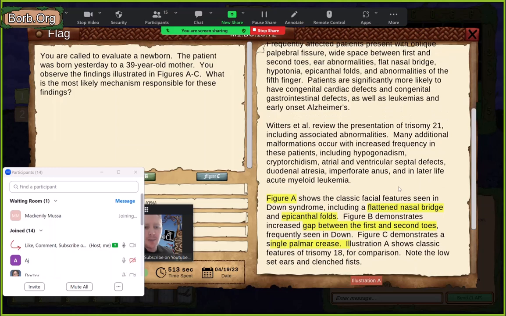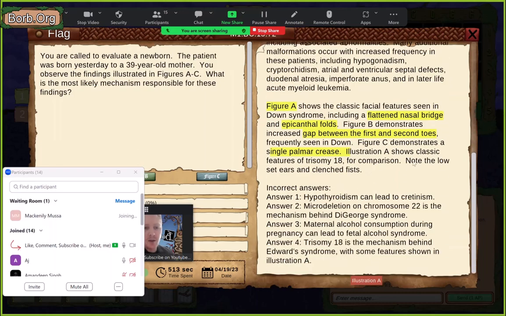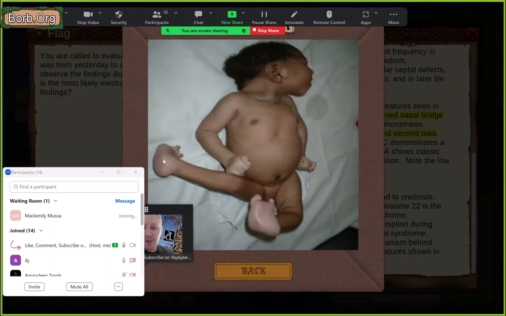And they explain why this illustration is included: a classic feature of trisomy 18, which is Edwards syndrome, is going to be, note the low set ears and clenched fists. They also have rocker bottom feet, as you can see, and he has other features of Edwards. He might even have something that you see in Marfan's.